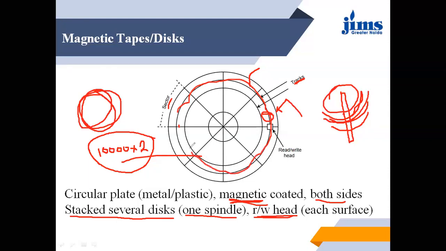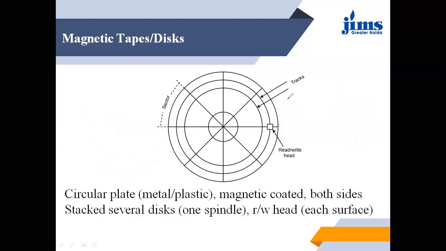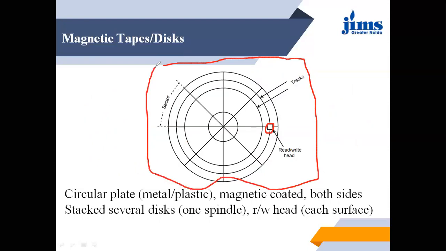And when we divide this into parts, then it is called a sector. Means each and every disk is divided into sectors and tracks. And this is a read write head. Whatever we are seeing on this plate on one side happens on all the plates and both sides.